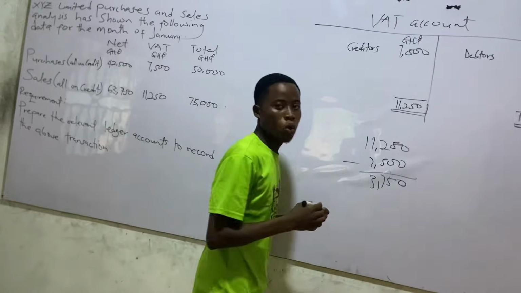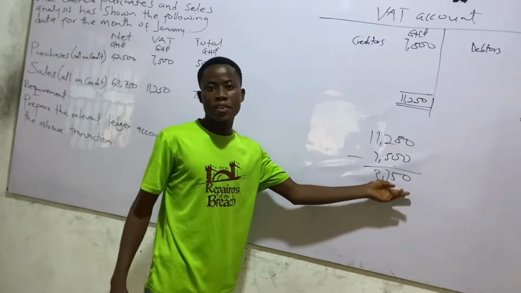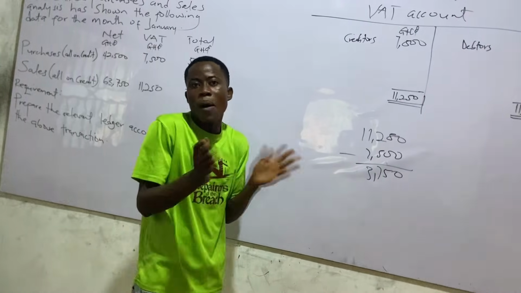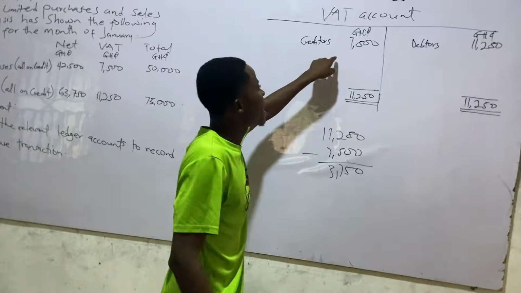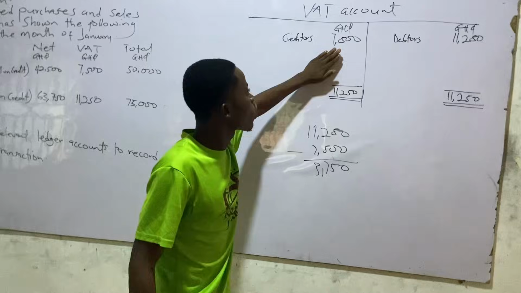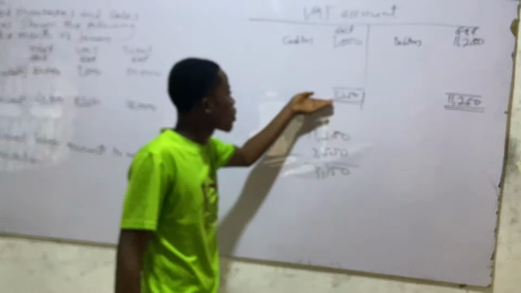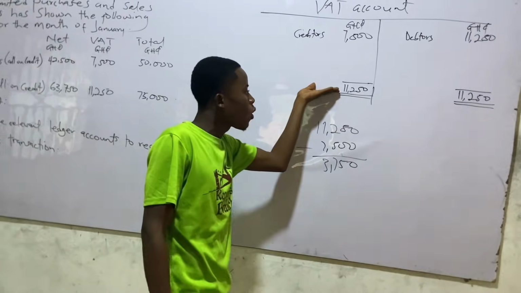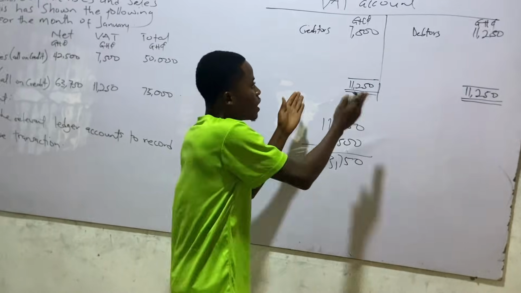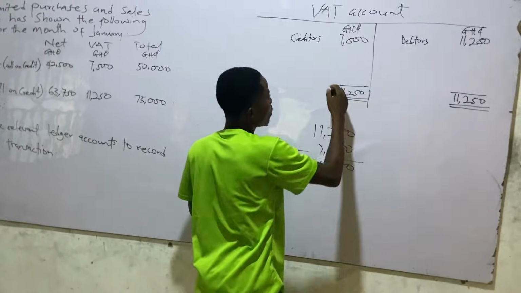So now we have 3,750 Ghana cedis as our difference. So now we write the difference here so that we add it to the creditors to get the total. So we write the difference here, add it in order to get the total we got from the account.